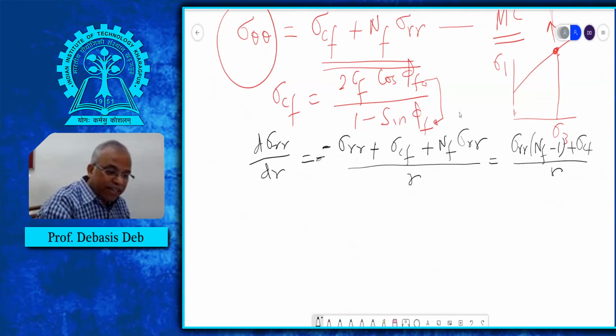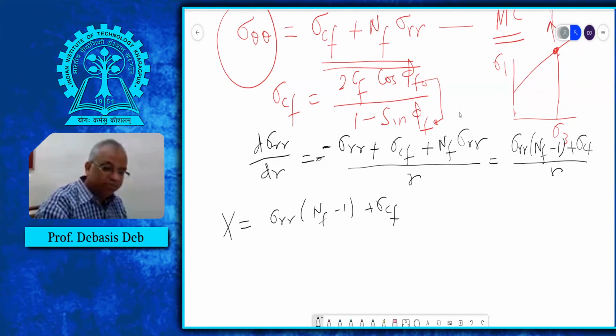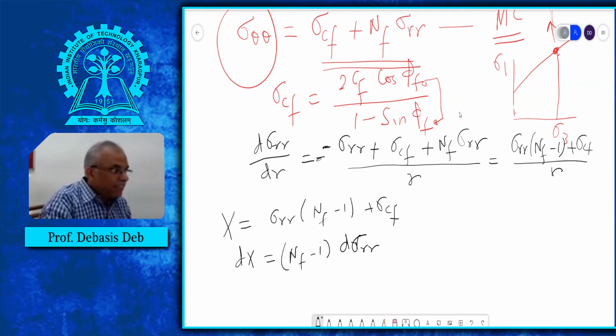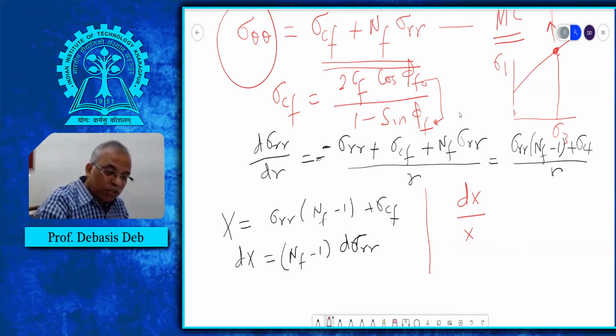And if I now use something like x is equal to sigma RR times NF minus 1 plus sigma CF, then I can write dx is equal to NF minus 1 times d sigma RR. I can write that. So this equation now becomes dx by x into 1 by NF minus 1 equals dr by r.